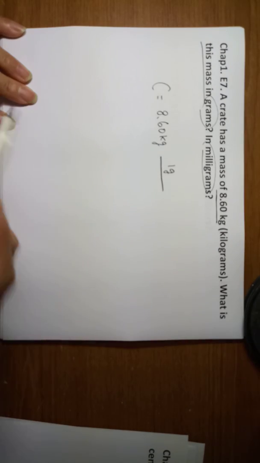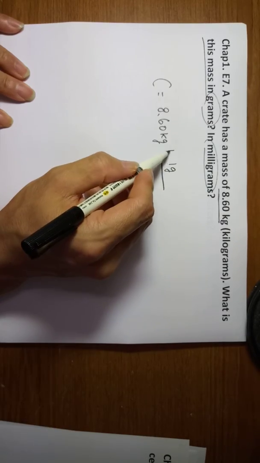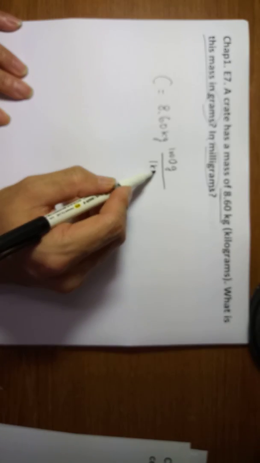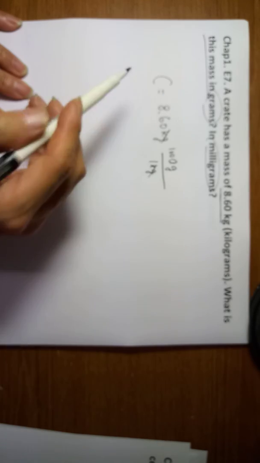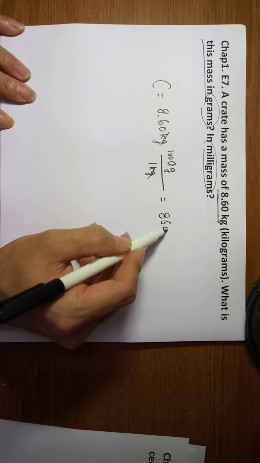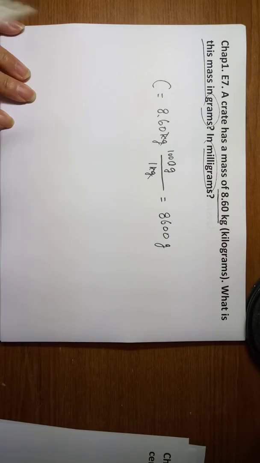Or another way, 1000 gram equal 1 kilogram, right? Then kilogram cancel out, and you multiply, and then 8,600 gram is the crate in gram.